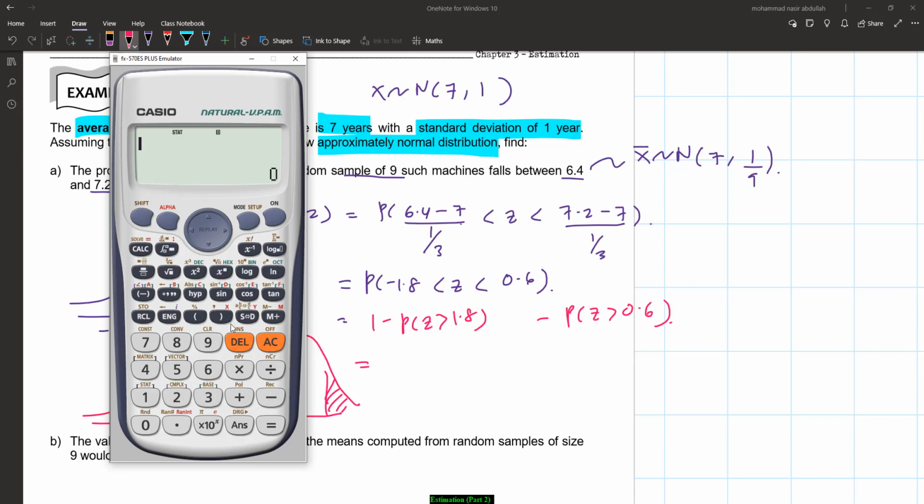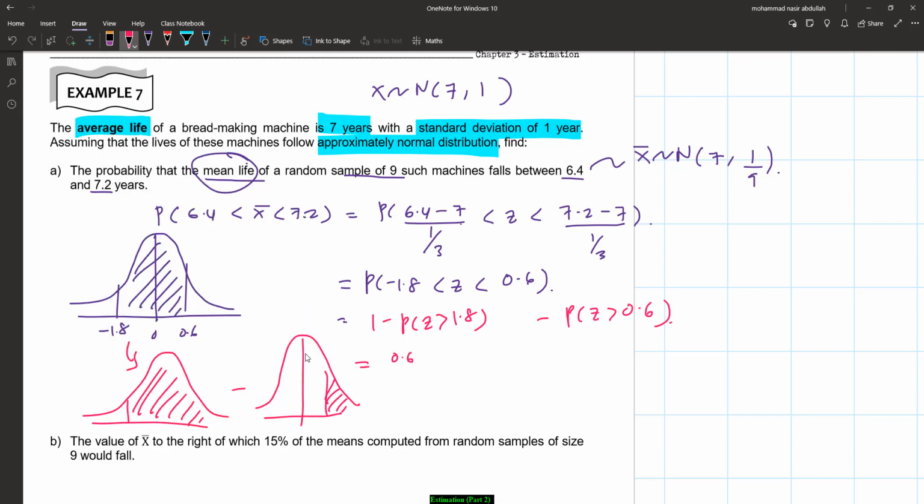So this one should be Q, not P: Q of negative 1.8 plus Q of 0.6. So it should be 0.0668 plus 0.6898. Alright, so this is going to be the answer.